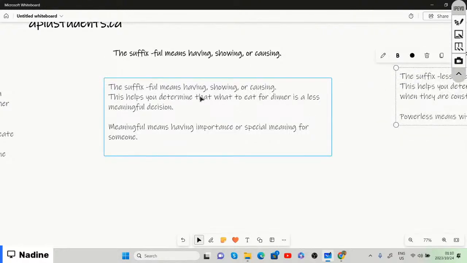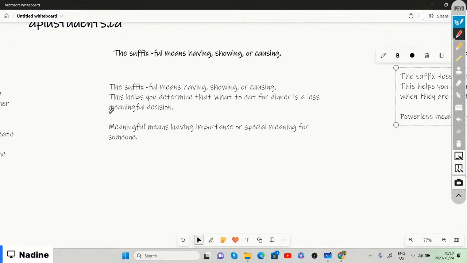The suffix full means having, showing, or causing. And this helps you determine that what to eat for dinner is a less meaningful decision.